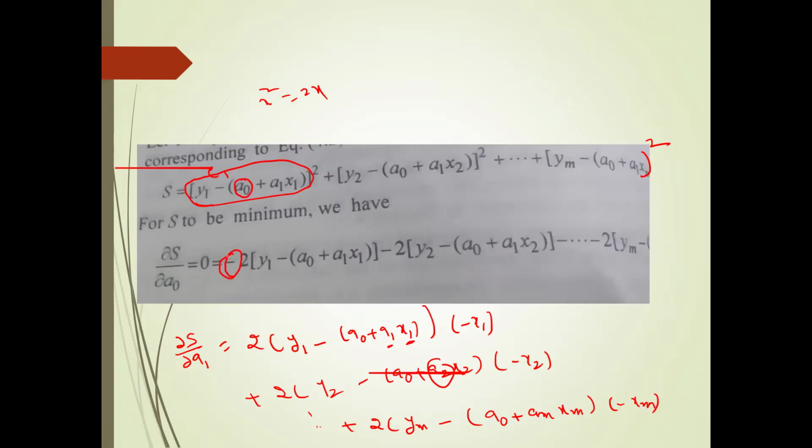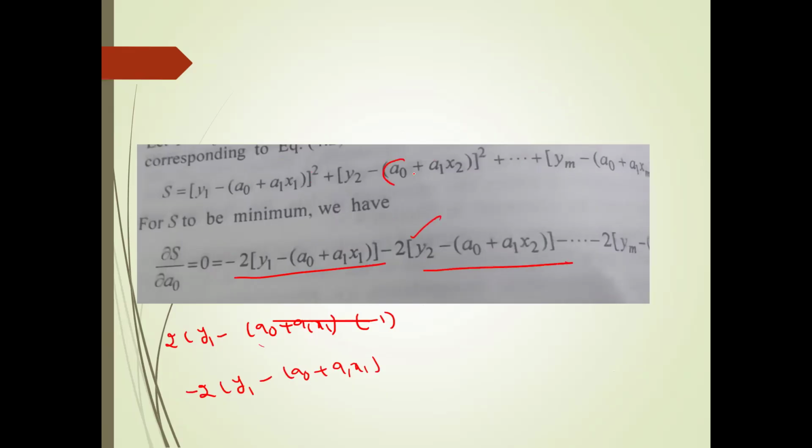Because of the coefficient of a0. So it is minus 2 times (y1 minus (a0 + a1x1)). That is your first point. Similarly the second one: 2 times this, and the coefficient of a0 is minus. I hope you understand this. So like that, we'll get this type of equations for ∂S/∂a0.